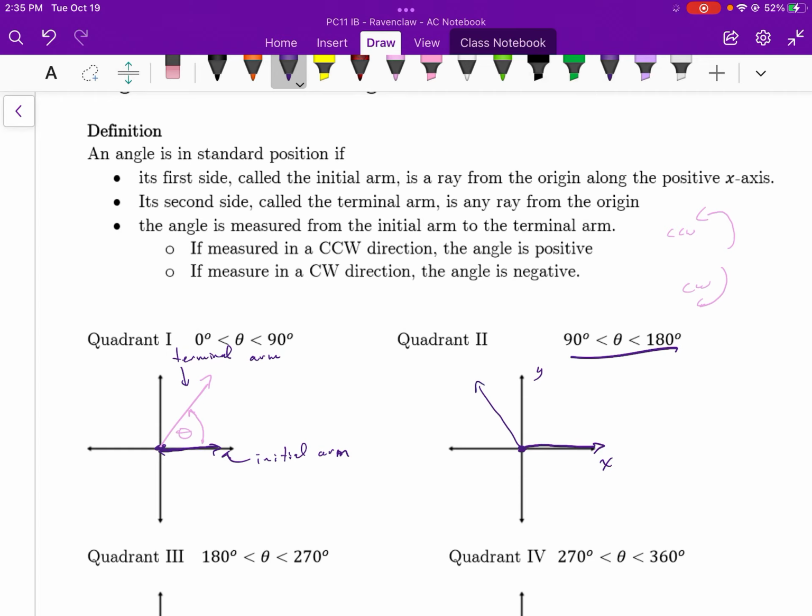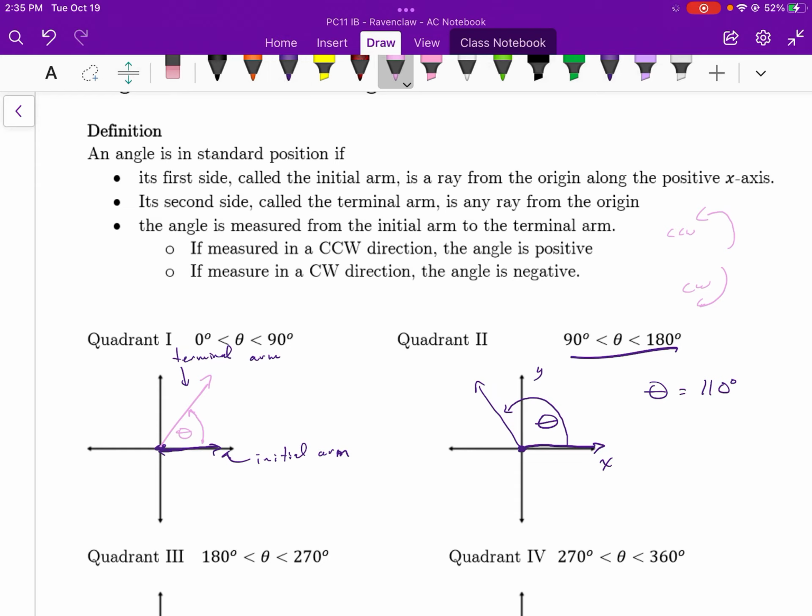And since I want it in quadrant 2, my measurement of my angle is going to be from the initial arm to the terminal arm. So far, what I've just drawn for you, this theta might be equal to 110 degrees, for example. It's in quadrant number 2, greater than 90 but less than 180.